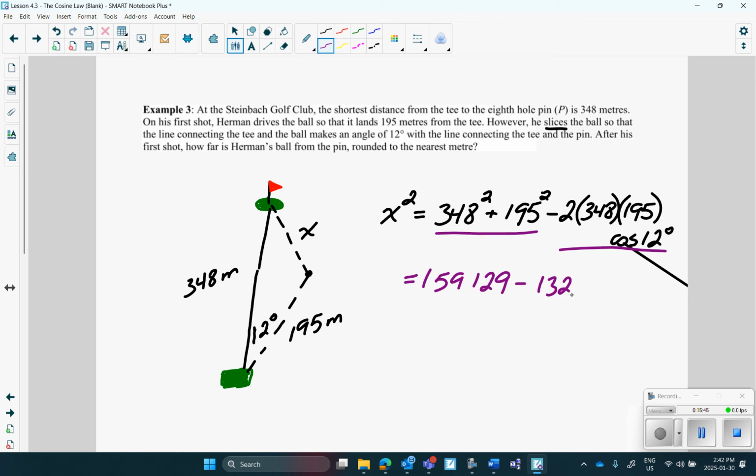Really doesn't matter. If I went to 1, it would be 0.3. Subtract those two.